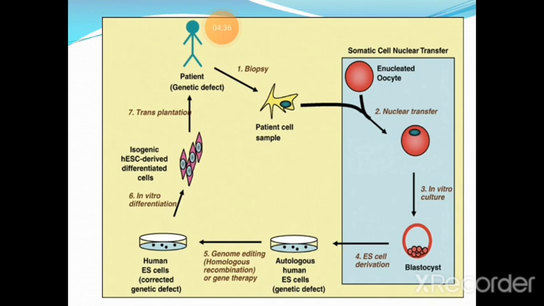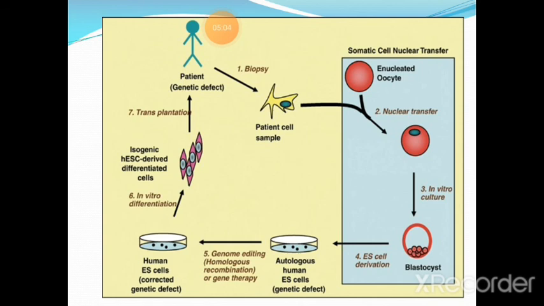And then you have autologous human embryonic stem cells with the genetic defect. You can do genome editing, that is homologous recombination or gene therapy, so that you get human embryonic stem cells with the corrected gene defect, and they are subjected to in vitro differentiation.